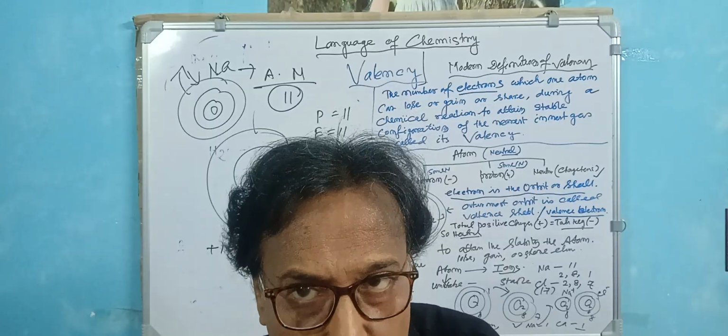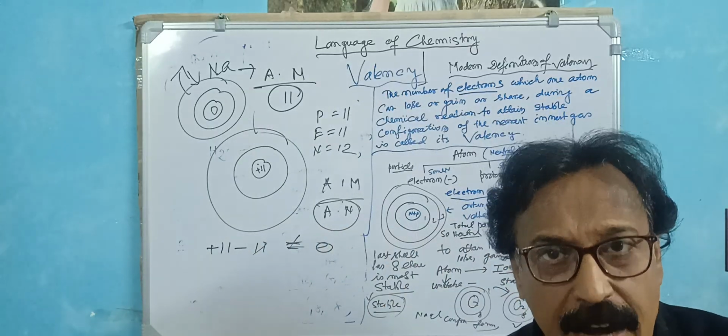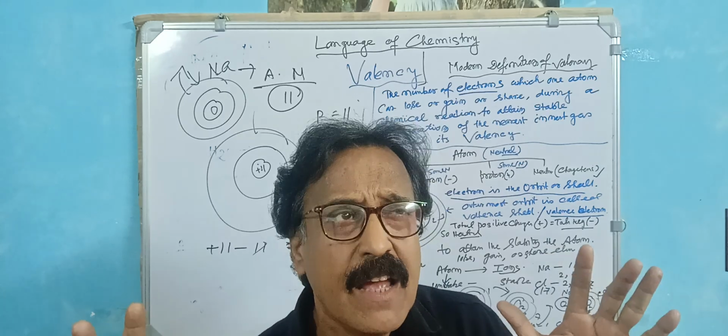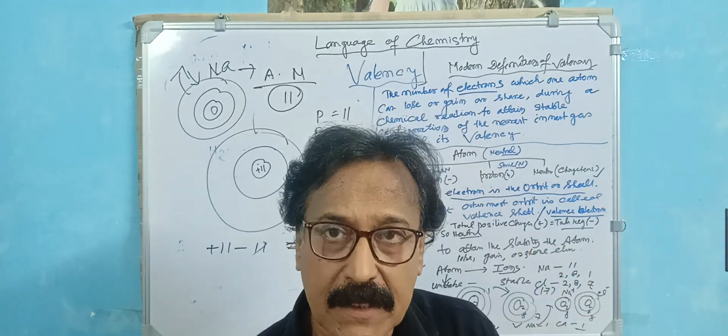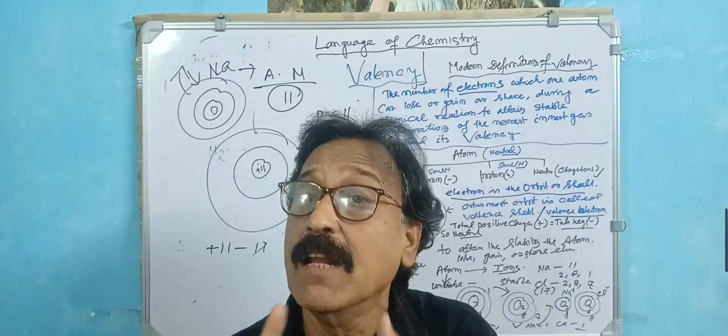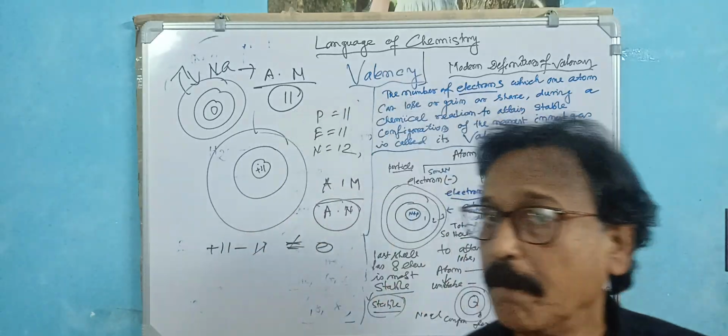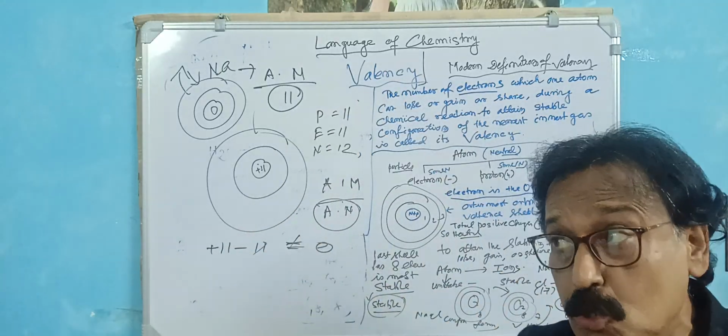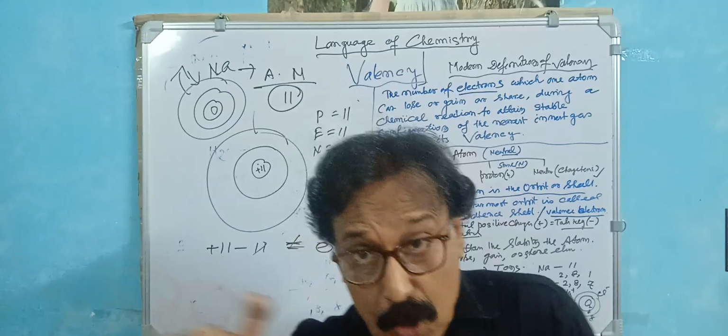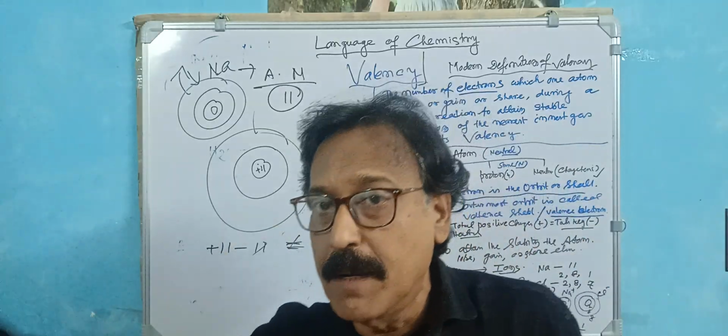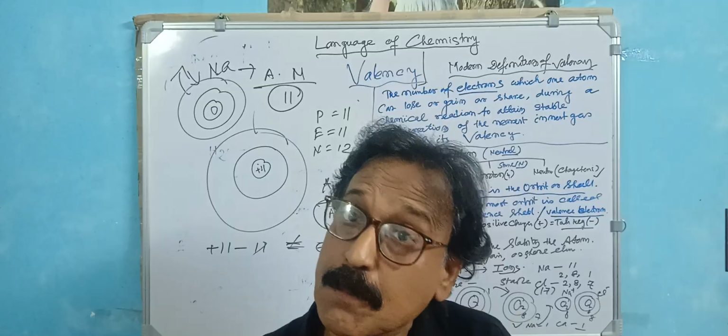That means sodium atom is actually unstable, chlorine atom is unstable, each and every atom, more than 99%, is unstable. Because atoms are unstable, reactions happen. To gain their stability, the reaction is performed between them.